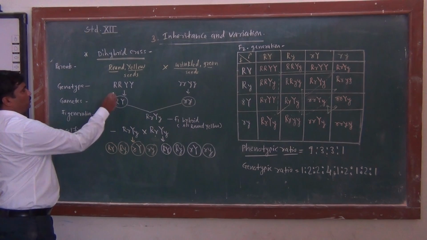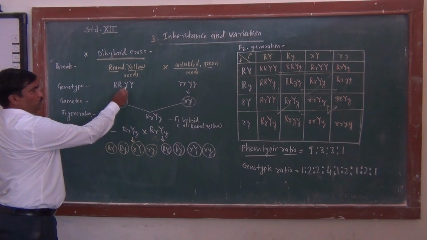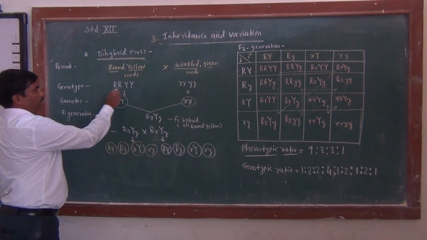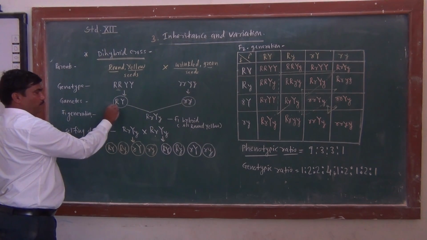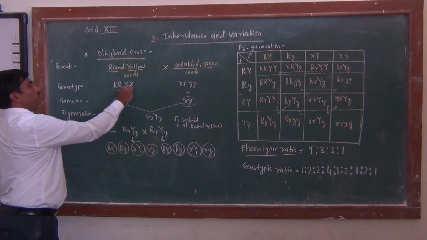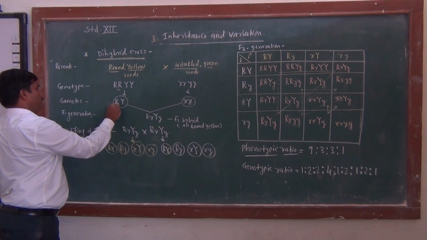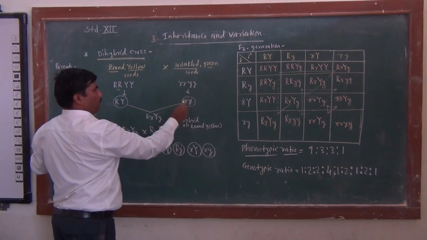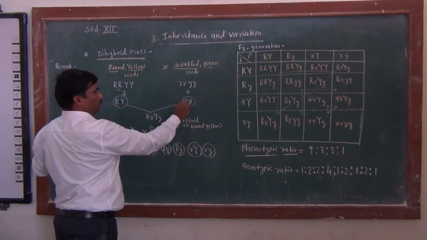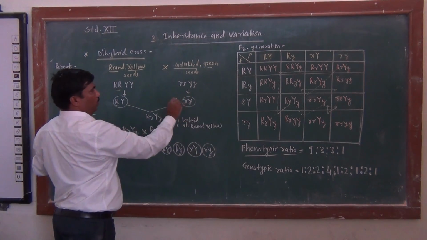The gametes of a homozygous individual, so capital R is homozygous, form the gametes capital R and capital Y. So these gametes are formed, capital R, capital Y. Here the gametes formed are small r, small y.